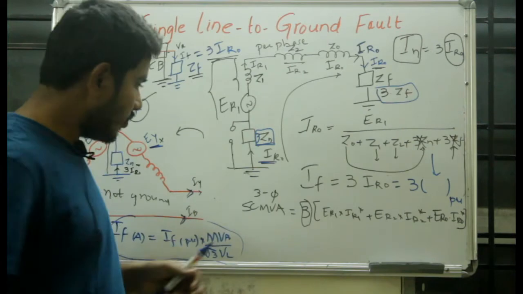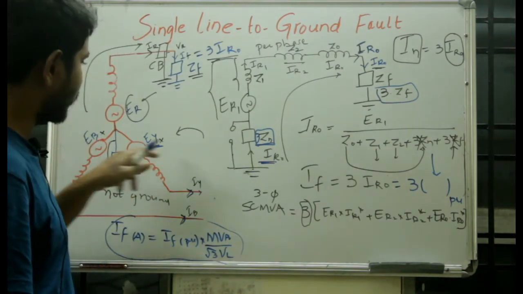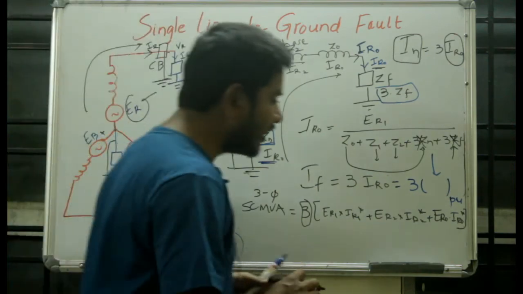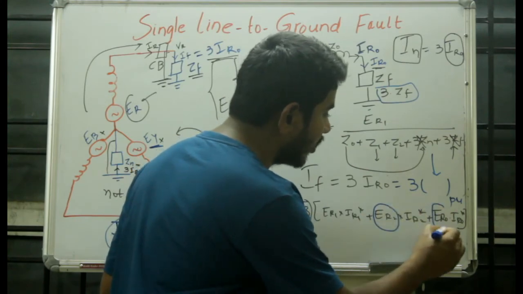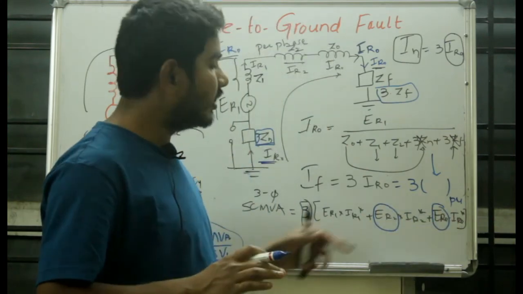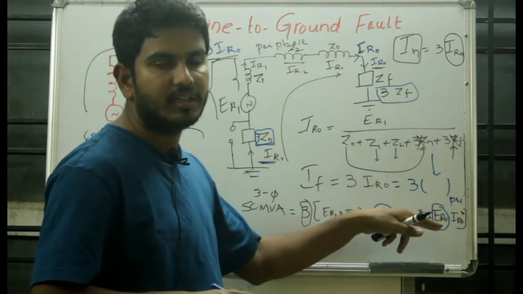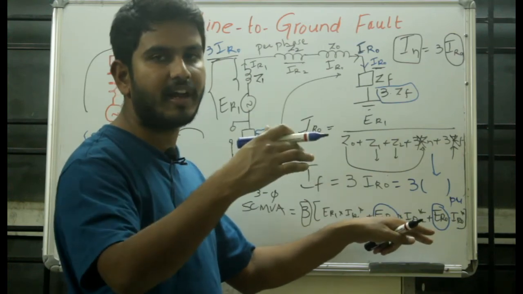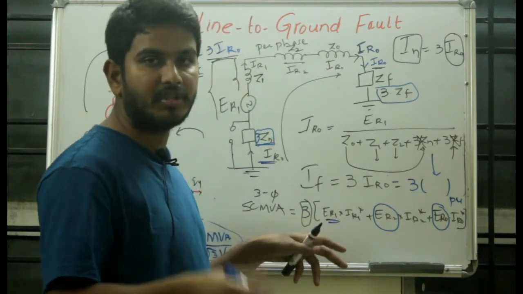Now you can see that EY and EB are 0 here, and you know that in the alternator we do not have any induced EMF in the negative and zero phases. That means the rotor is rotating in only one direction, and in that direction only we have the EMF, that is ER1, in the positive phase sequence.